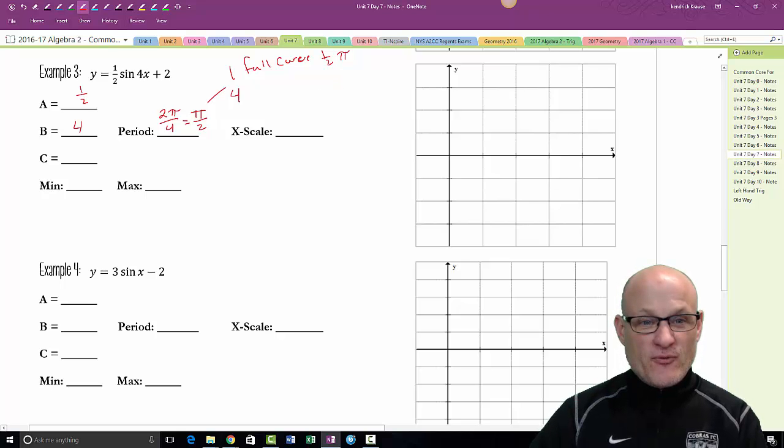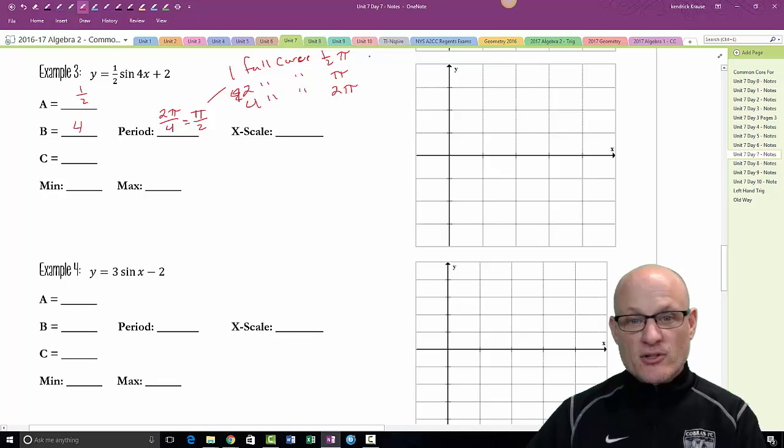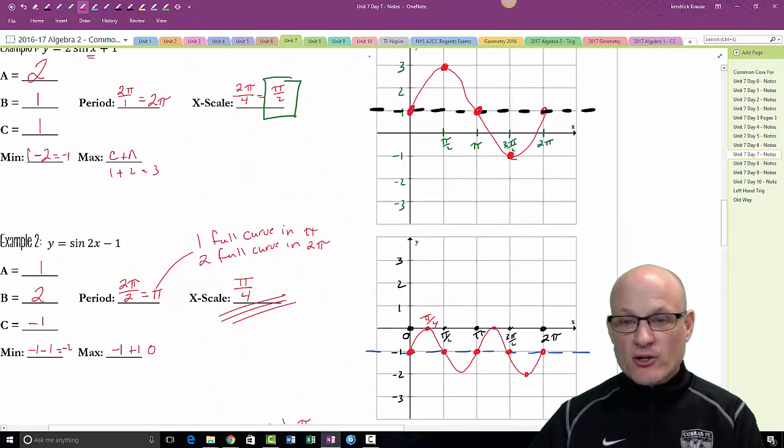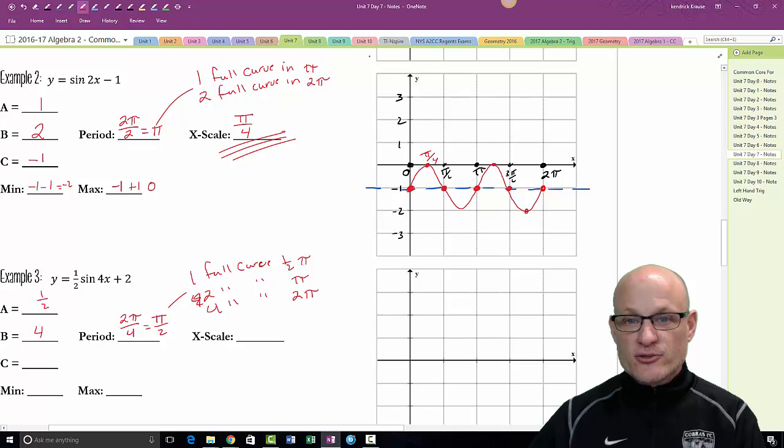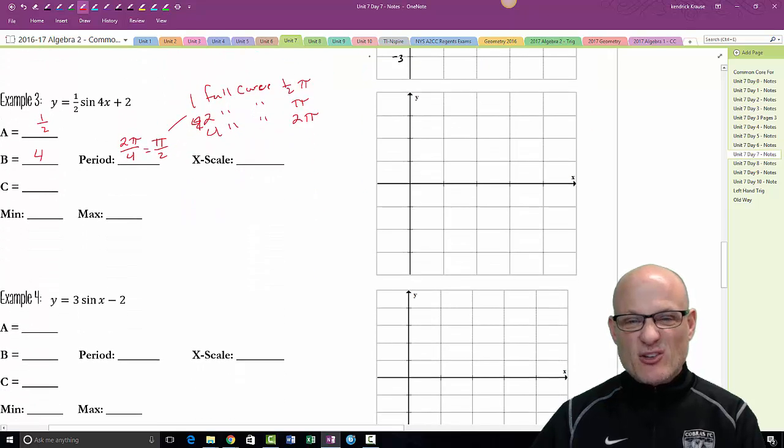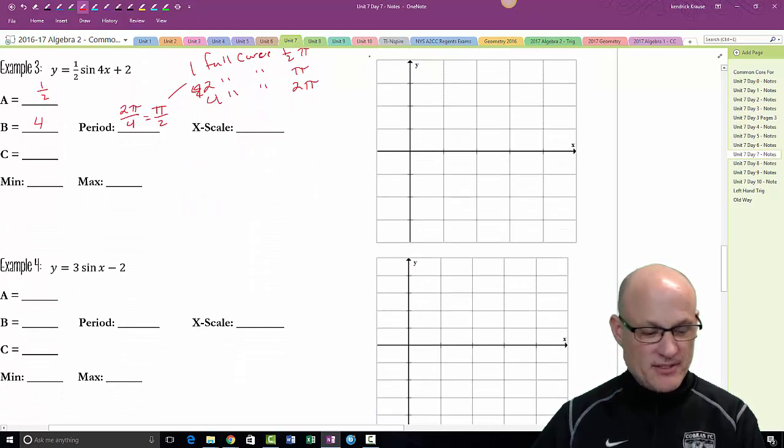That means I'm going to finish 2 full curves in pi, or 4 full curves in 2 pi. So here I finished one curve. Here I finished 2 curves. Now I'm going to finish 4 of them in 2 pi. This is going to be like a wiggly thing.